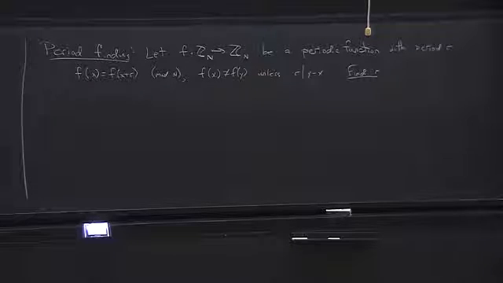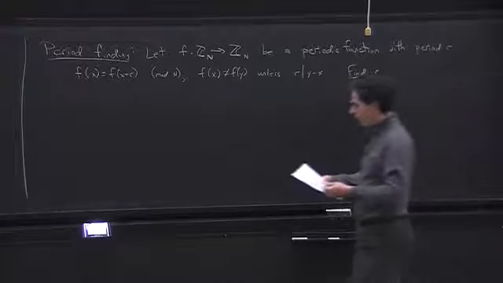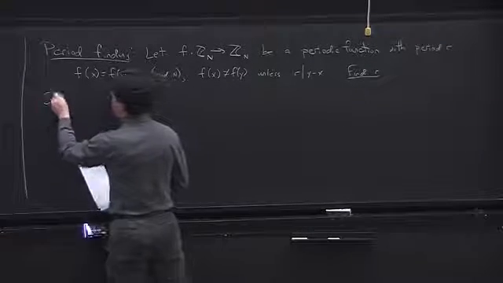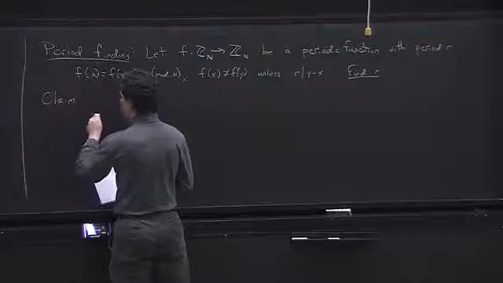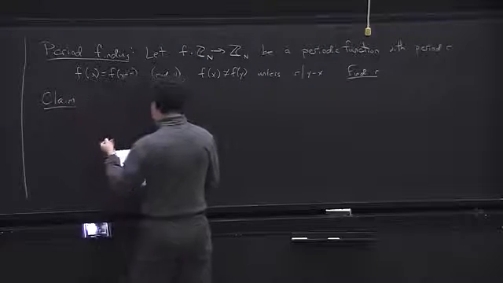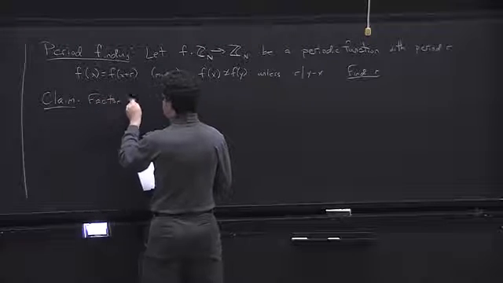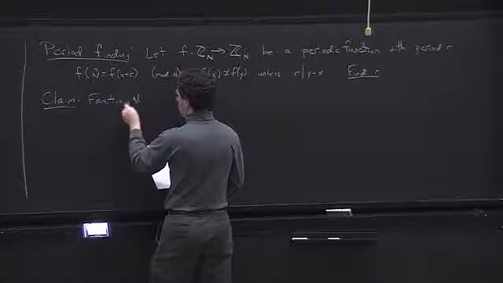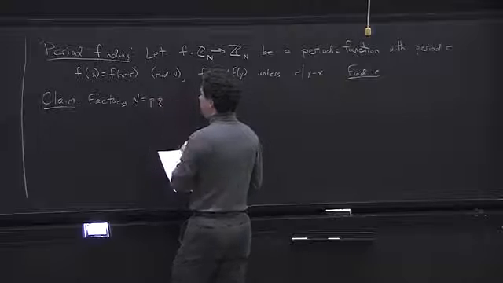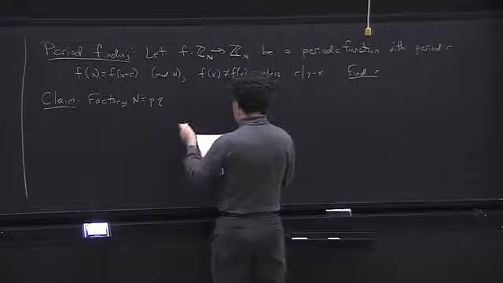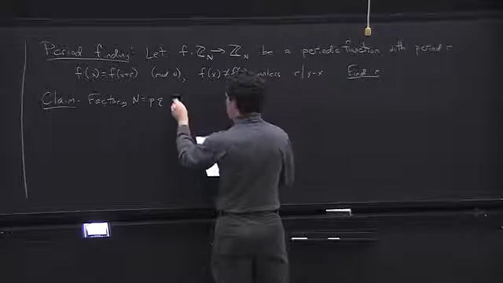Okay, so let me tell you how period finding is related to factoring. There's a couple of mathematical details that I'm not going to go through, but basically, if you can period find, then you can factor.